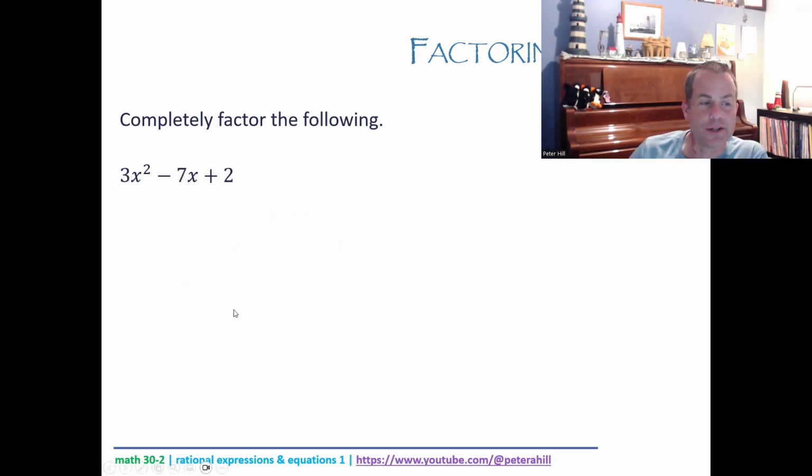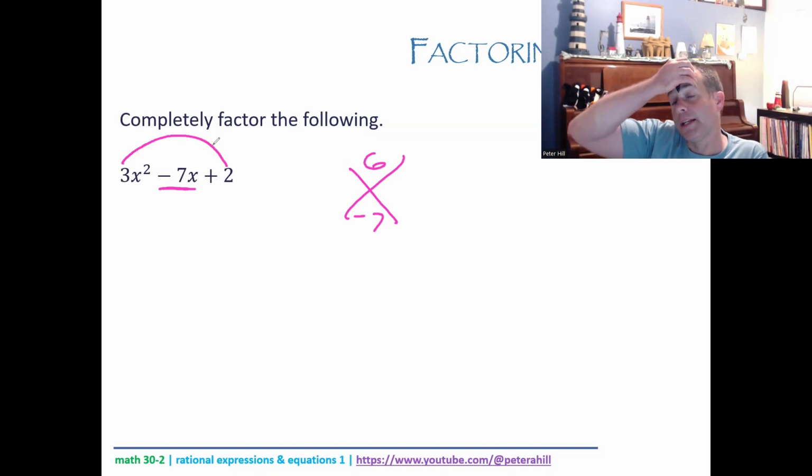3x squared minus 7x plus 2. So now I'm looking for two numbers that multiply together to give me 6 and add together to give me -7. Well, if I want to multiply to be a positive number, either both my numbers have to be positive or both my numbers have to be negative.